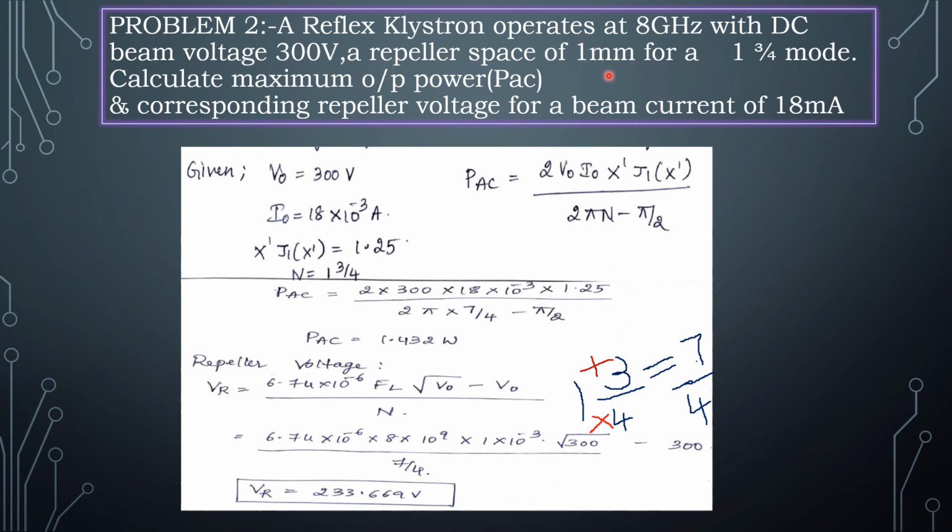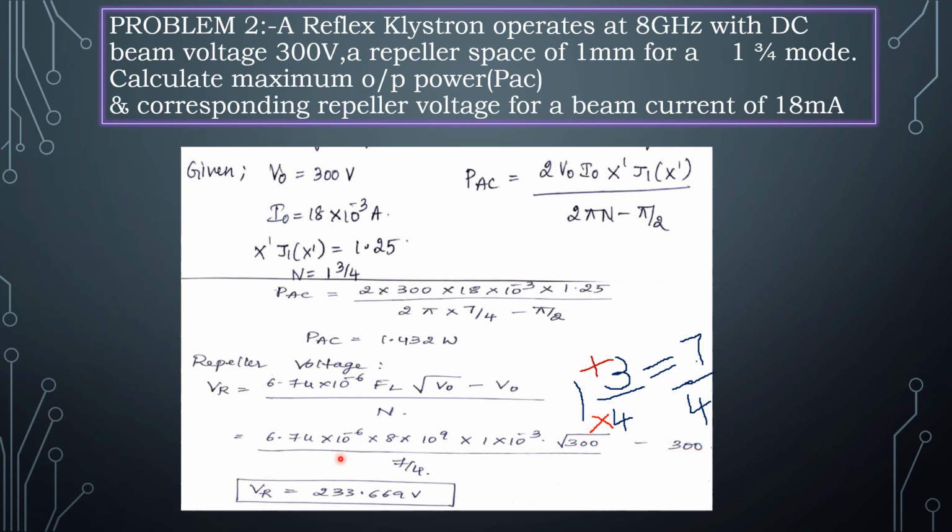So millimeter is 10 power minus 3. Therefore, 1 into 10 power minus 3 into root of V naught value 300, whole divided by the mode value 7 by 4, as we already solved here, minus the value 300.